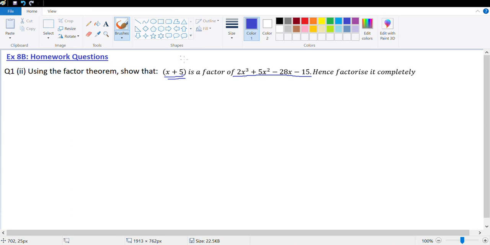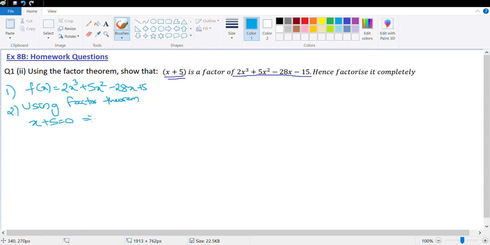Let's go ahead and solve this question directly. So, 1. f(x) is given equal to 2x cubed plus 5x square minus 28x minus 15. So, using factor theorem, x plus 5 is equal to 0, which means x is equal to negative 5.